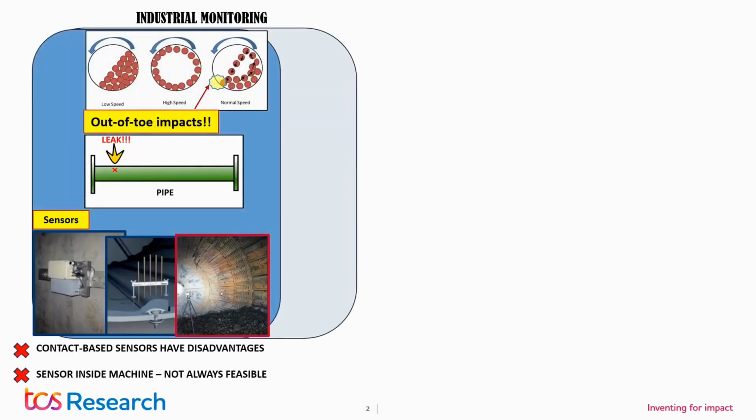So this would be the application in mind. One of our sister concerns is Tata Steel, which is one of the largest steel plants in Asia. And in a steel plant, there is a machine called a ball mill. So a ball mill is like a giant metallic cylinder that rotates, right?